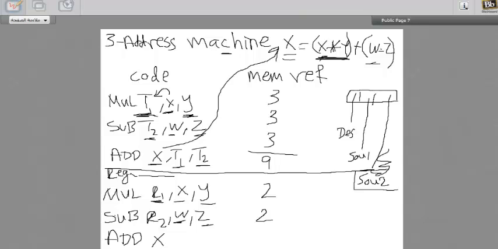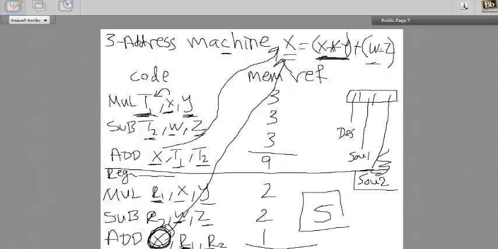We add R1 to R2 and store the result in X. X again is this one here. How many memory accesses do we need here? Only 1, because R1 and R2 are already in the CPU. We only need to store the value of X in the memory. So if you add them up, we only have 5 memory accesses. We had 9 here, we had 5 here. So this is a better way.